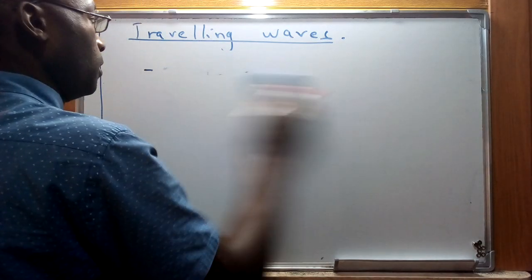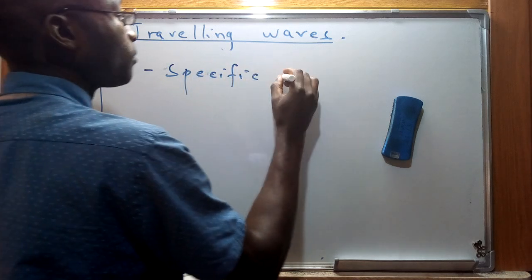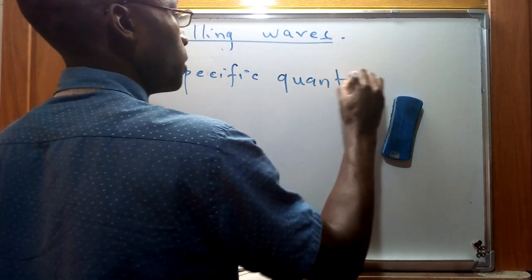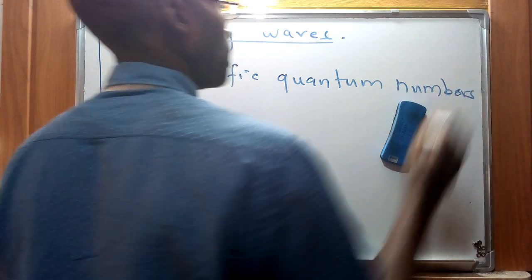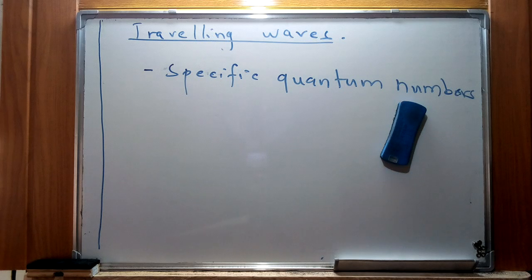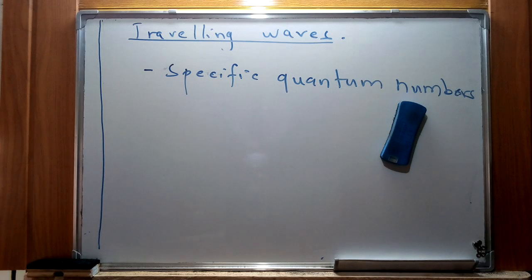So this is going to assist us in discussing the specific quantum numbers that we're going to encounter, particularly in trying to describe the different aspects of an atom, or rather the electronic structure of an atom.